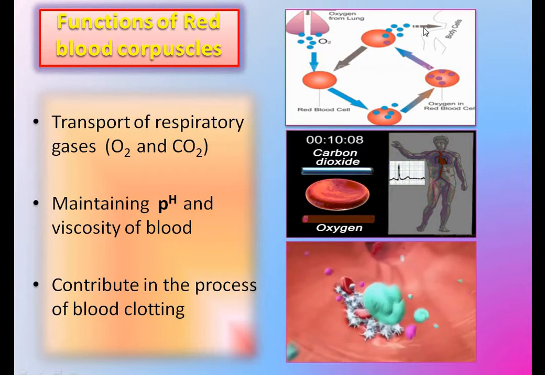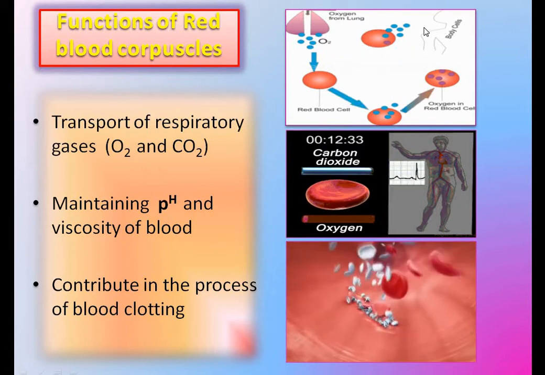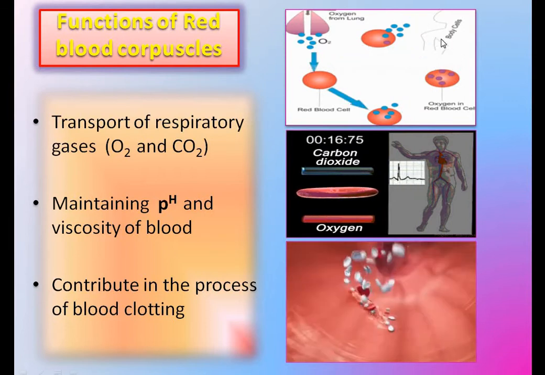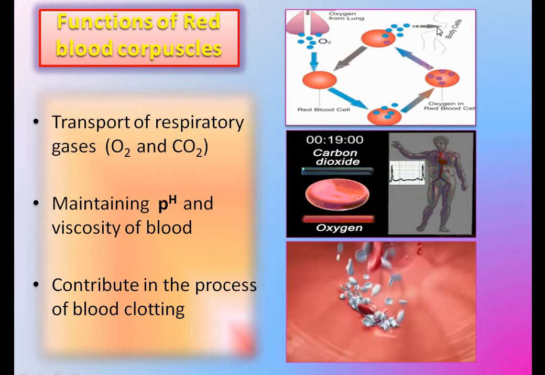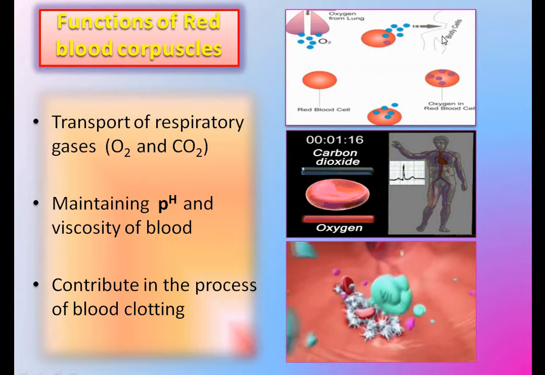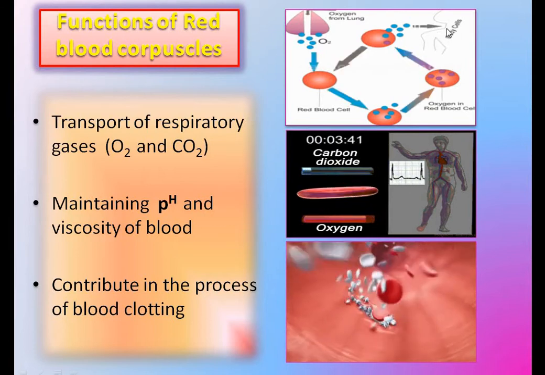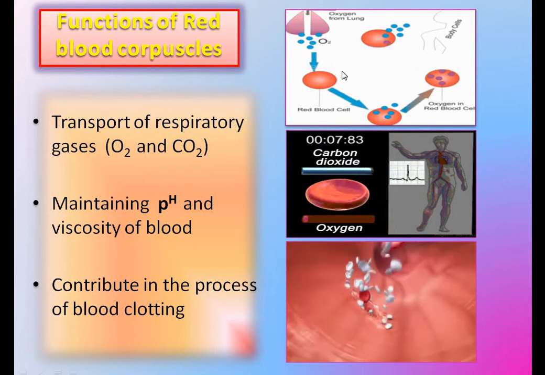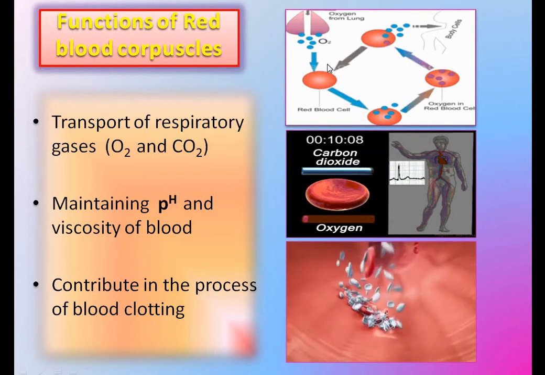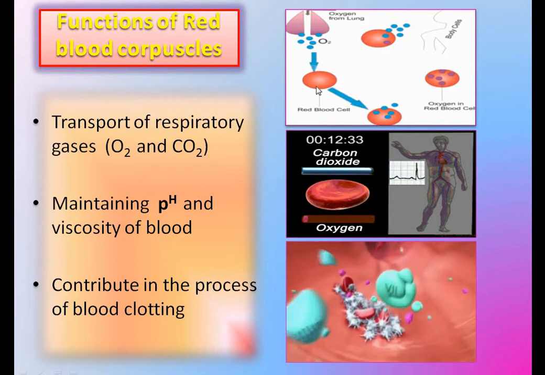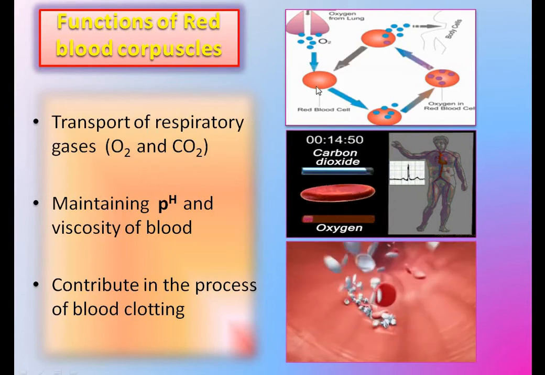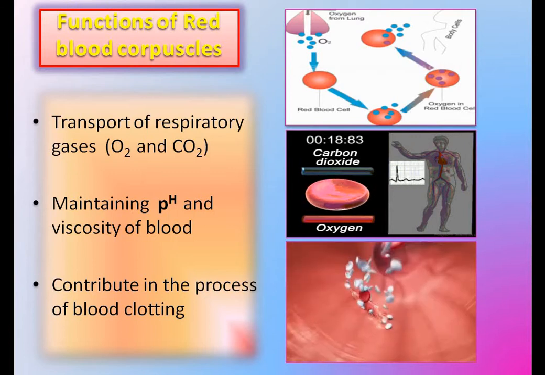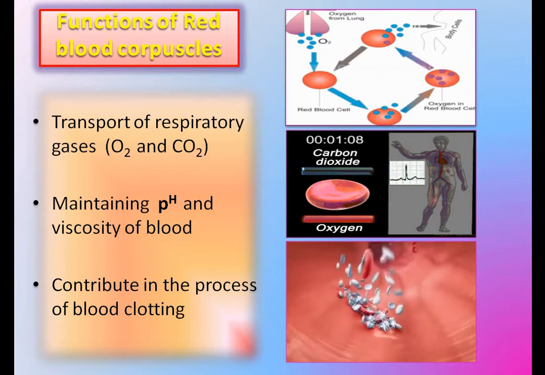This oxygen is carried by the RBCs and transported to the body cells. And here in the body cells, the carbon dioxide is collected by these RBCs, transported, and exhaled out of the body.